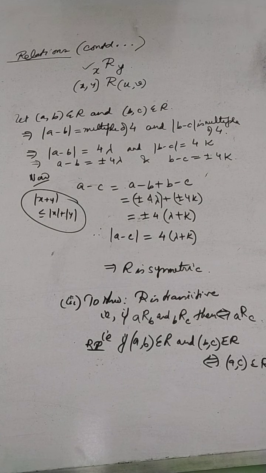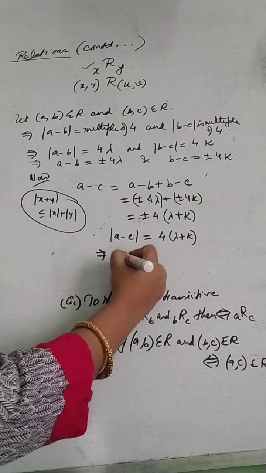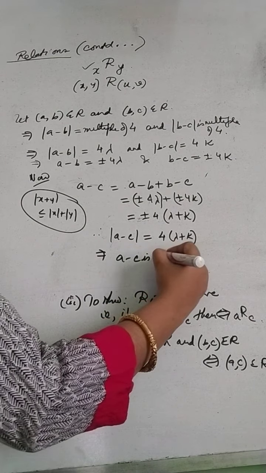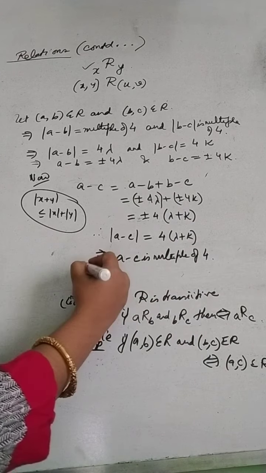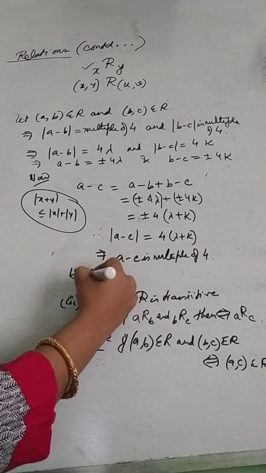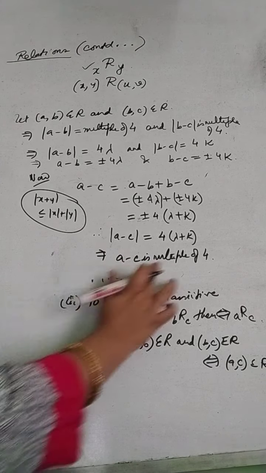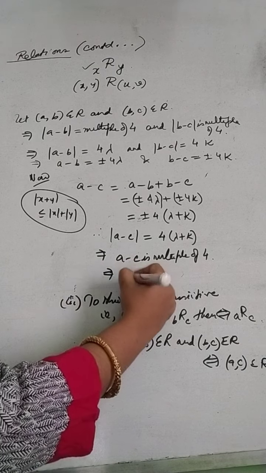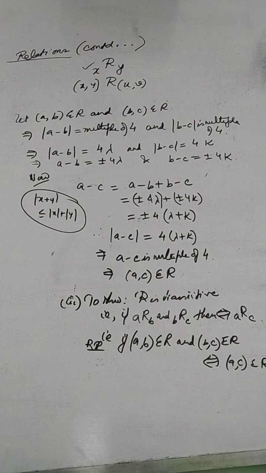Okay, right, like this. And which means that this implies that A minus C is a multiple of 4, and this means, hence if AB belongs to R, or here itself you write, which implies that AC belongs to R. Finally, you write the conclusion.